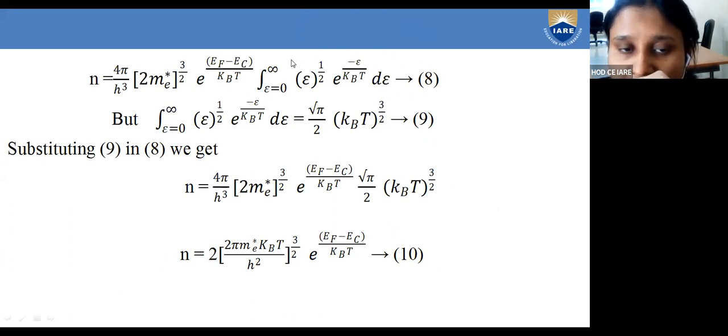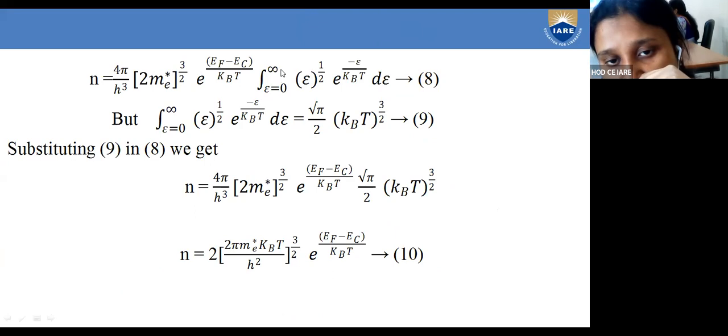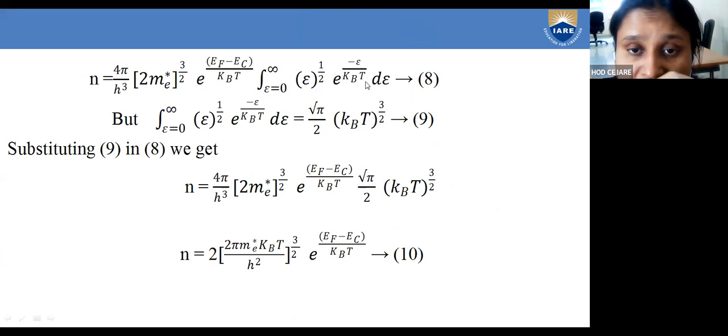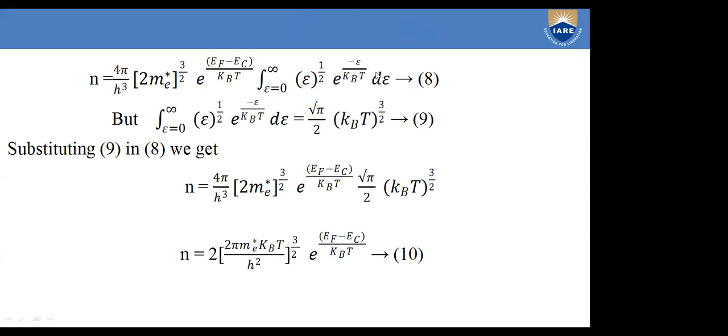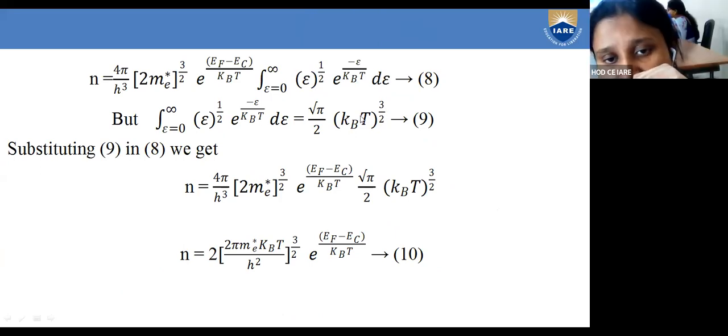It is called the gamma integral. The limits should be from 0 to infinity. In your books you have written it as x to the power of half, exponential minus x by kT dx. And what is the value of this gamma integral? Pi to the power of half by 2, times kT whole to the power of 3 by 2.